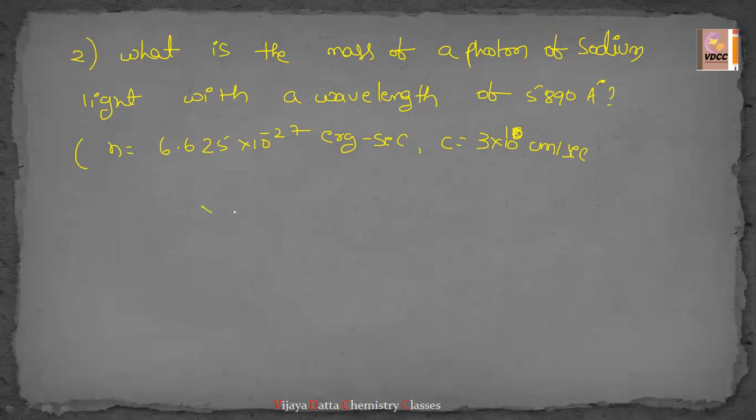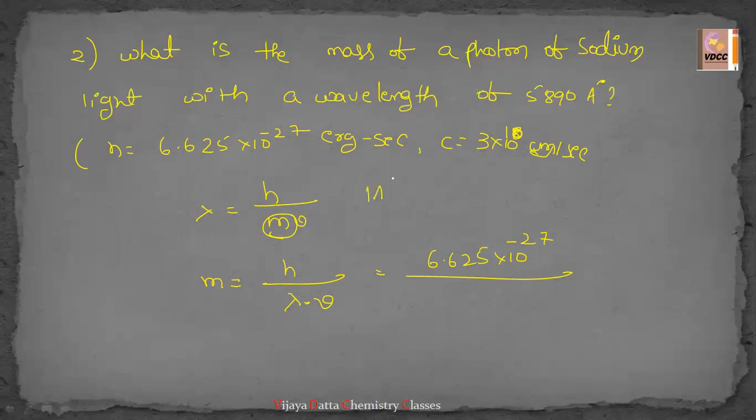So lambda equal to h by mv. He is asking for the mass, that is nothing but m. Then simply modify: m equal to h by lambda into v. So h value is given, 6.625 into 10 to the power of minus 27, by lambda value 5890 angstroms. That angstroms we have to convert into centimeters. 1 angstrom equal to how many centimeters? 1 angstrom equal to 10 to the power of minus 8 centimeters, or 10 to the power of minus 10 meters.